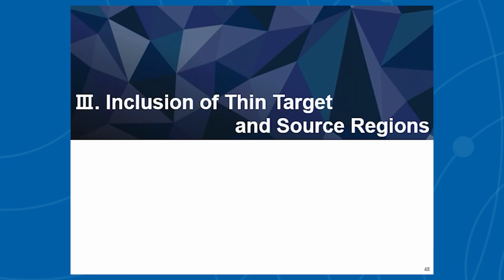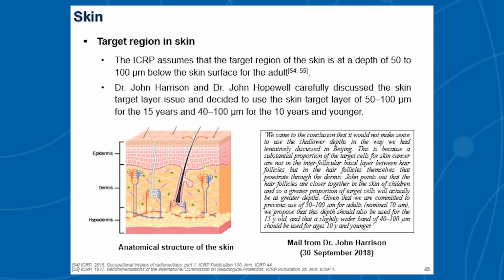As a final step of development, we defined the thin micrometer-scale radiosensitive target and source regions in the skin, urinary bladder, alimentary and respiratory tract organs. For the skin, the radiosensitive target region is located between the epidermis and dermis, as well as around the hair follicles.